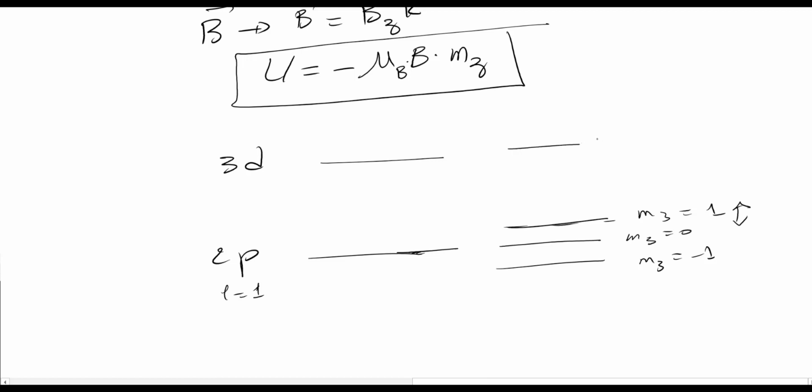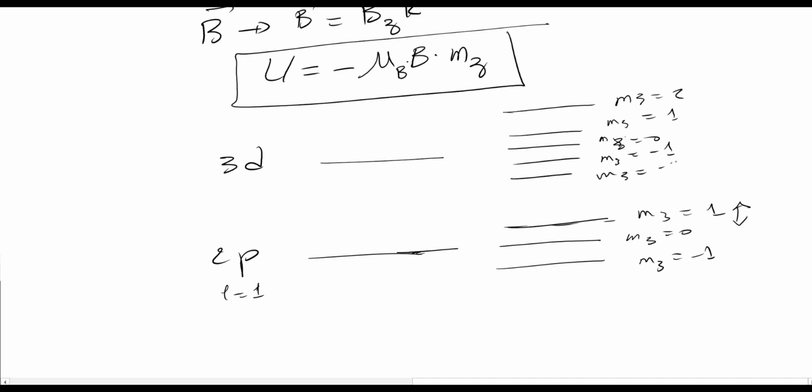Again, this is the energy level that has mz equal to 0. This is mz equal to 1, so it's just this number times 1. Now -1, if you want to put it on top. And then I have another one that corresponds to mz equal to 2. Below it, I have 2 more levels, mz equal to -1 and mz equal to -2.